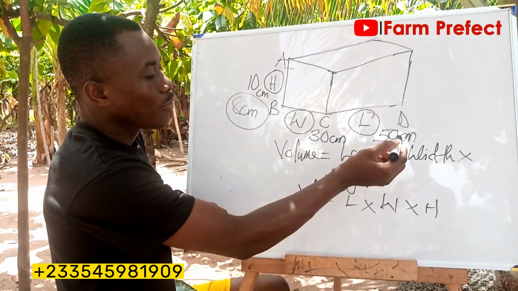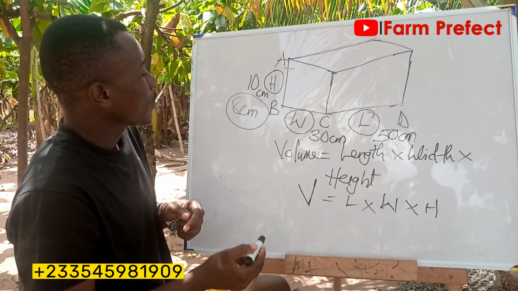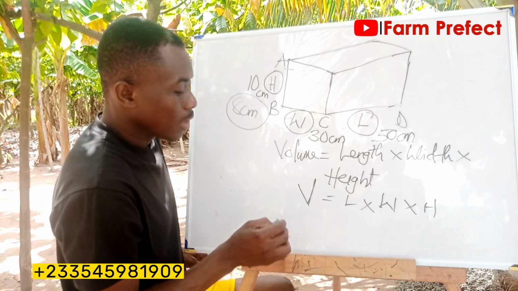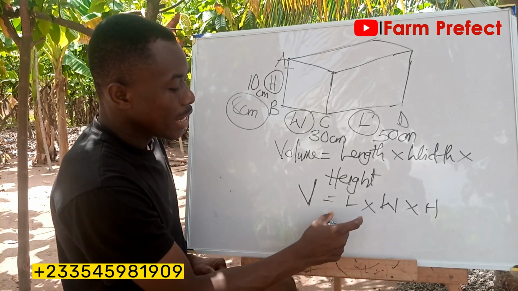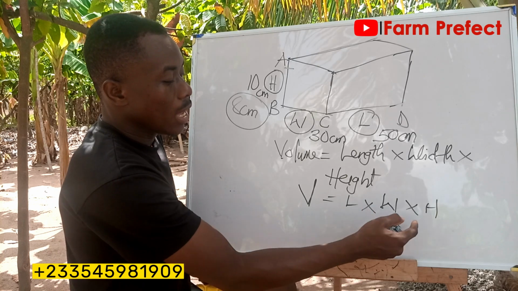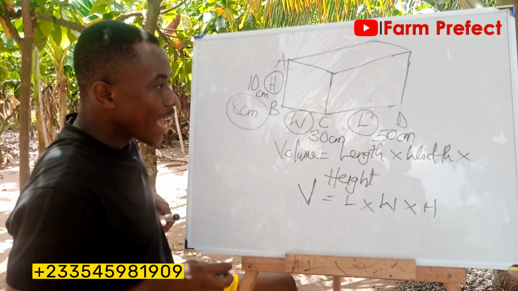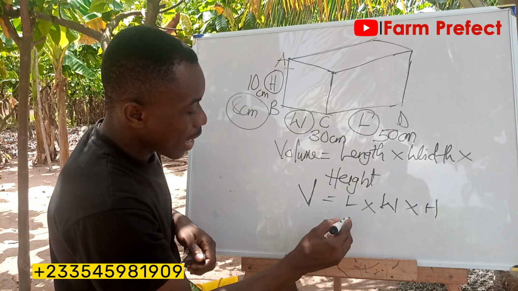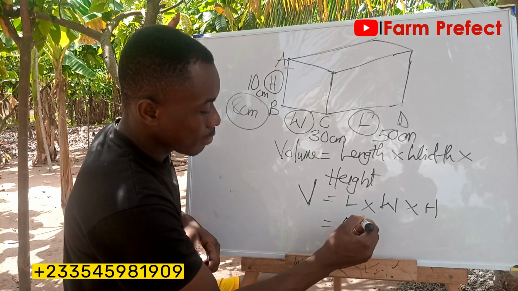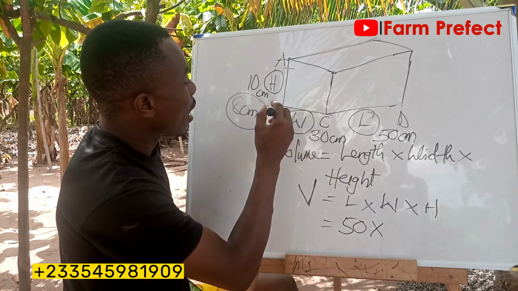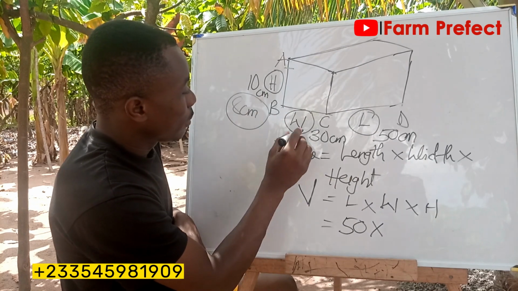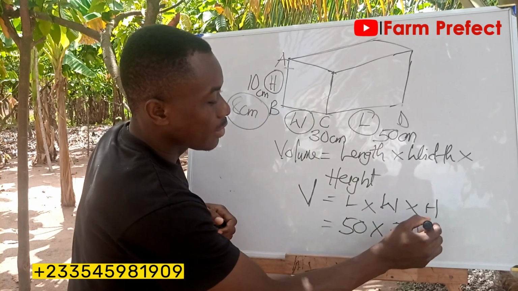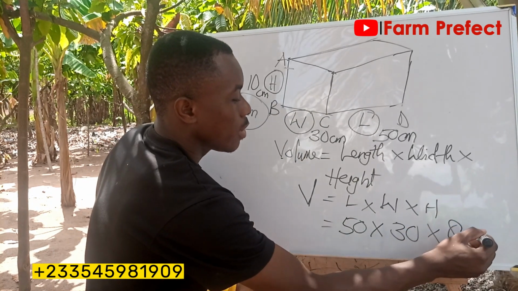So we have a length of 50 cm, width of 30 cm, and then a height of 8 cm. Now be with me. The formula says that we basically have to multiply the length with the width, and then the height. So remember the parameters. Our length is 50 cm, so we'll multiply it with our width, which is 30 cm. Then we multiply it with our height, which is 8 cm.